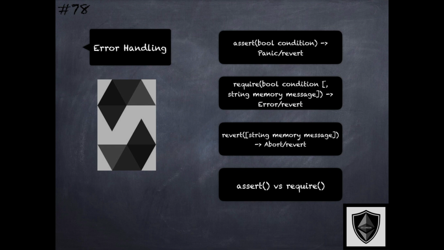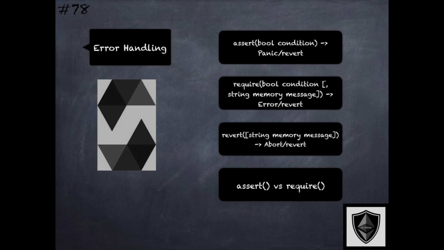And this raises a different type of error, which is the panic error that we'll look into in more detail later on. Require, in contrast, is meant to be used for external errors, errors coming in because of user inputs or errors resulting from interactions with external components. Require takes an optional string, whereas assert does not support this optional string.